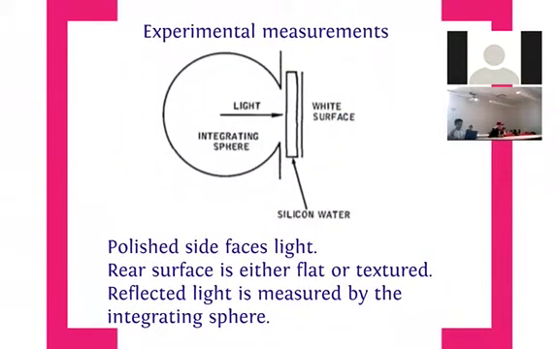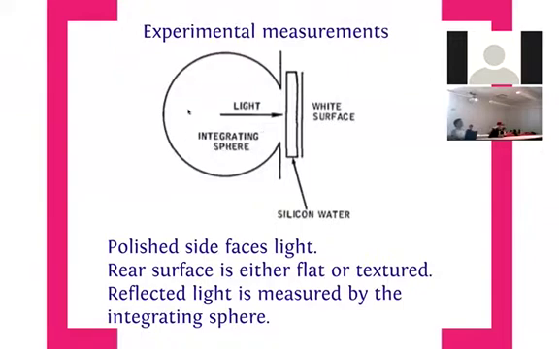In the paper, he goes on to do some experiments to prove this is indeed the case. Let's go through it fairly quickly. In the experiment, they use what's called an integrating sphere. The experiment is simple. You put a silicon wafer with a white reflective surface behind it. Light is coming in from this side, and whatever is reflected back from the silicon is essentially absorbed by the integrating sphere.